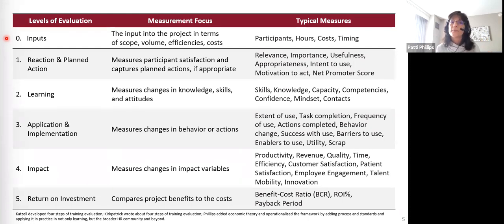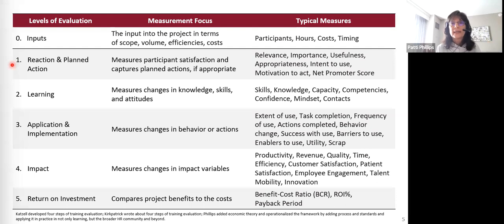So what we want to do is measure success along this chain of impact that occurs as people are involved in programs, projects, and initiatives. And it sounds like many of you are already doing it. You know, we collect this reaction data, what participants think about a program, or what participants think about a project in which they're involved. That initial perception, do they view it as relevant to them? Do they view it as important to them?